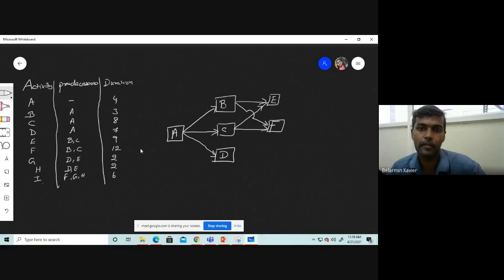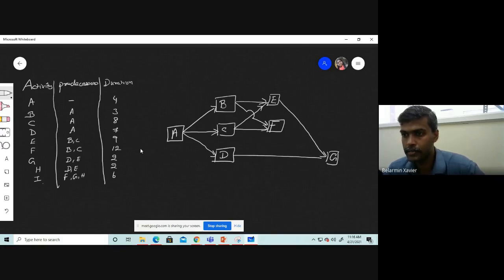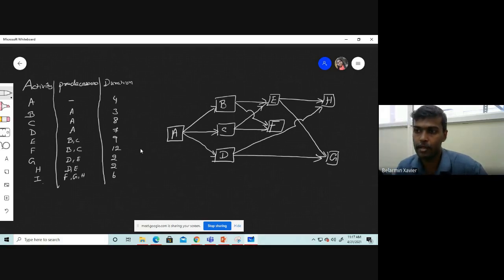Next, activity G. Activity G, predecessors are D and E. Then activity H. For activity H also D and E. So if I mention H here, it is very easy for me to draw from E to H, but when I connect D and H, there is an arrow in between, so I have to provide a hump and mention it like this.